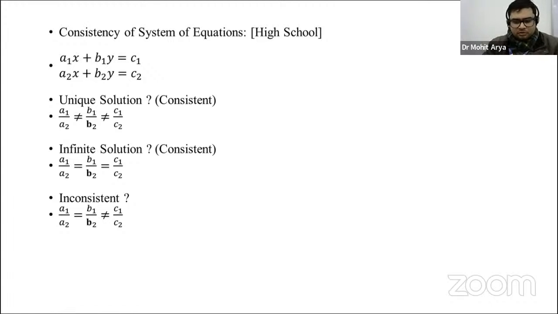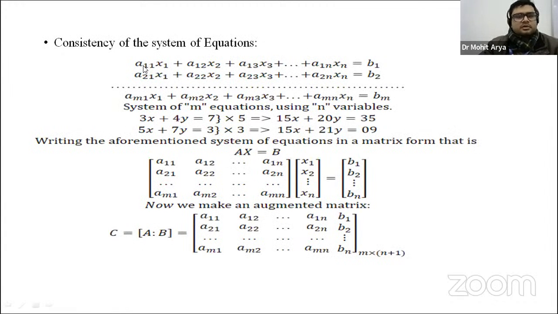Okay, so now if we talk about the consistency of a system of equations, if there are n variables and m equations, then what will we say about the consistency of these equations? So, a system of m equations using n variables. Previously, if we had a system of equations of two variables, we would make the coefficients of either x or y the same.